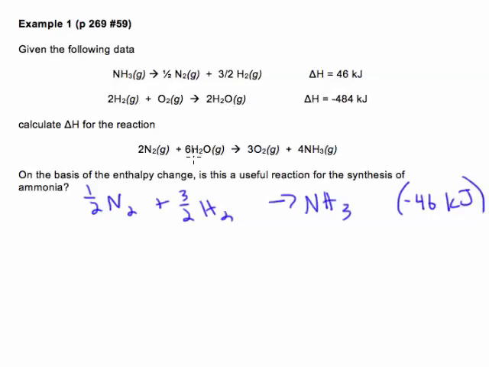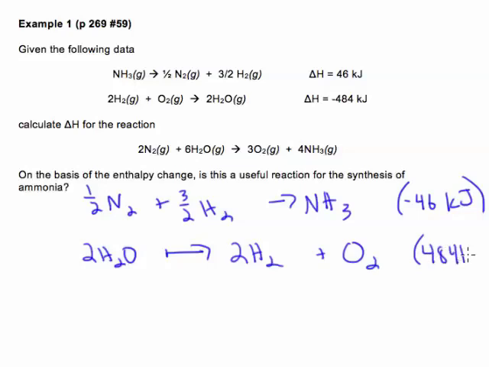But in this one, we have water as a reactant, so we need to switch this one as well. And because we've switched this one as well, it now becomes positive 484 kilojoules.